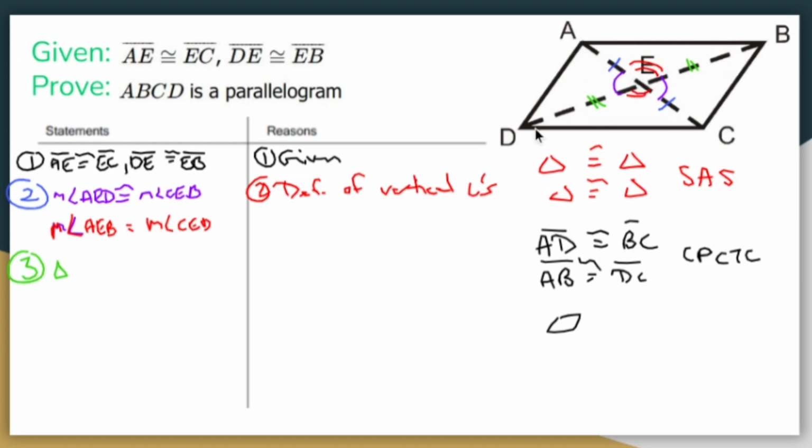So triangle AED is congruent to CEB in that order. And I can also say that triangle DEC is congruent to BEA. And the reason for that is the side angle side postulate.